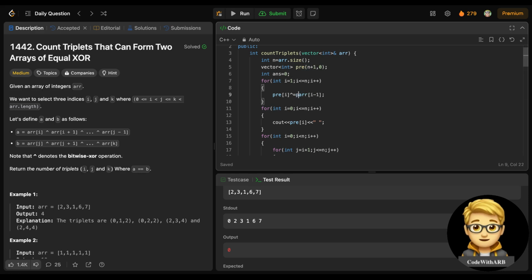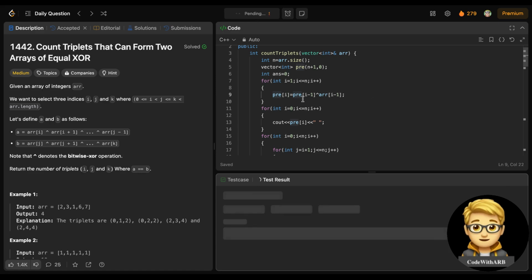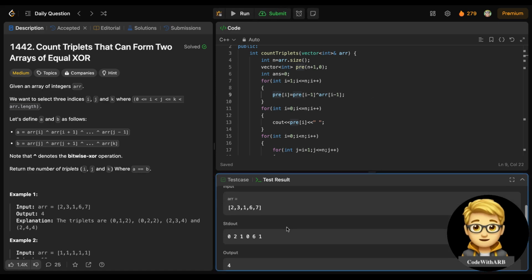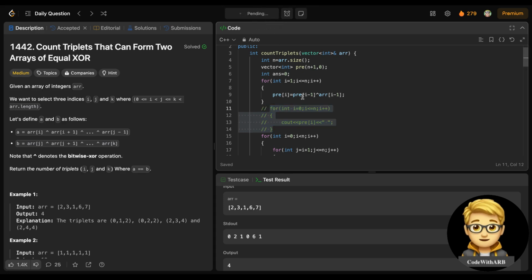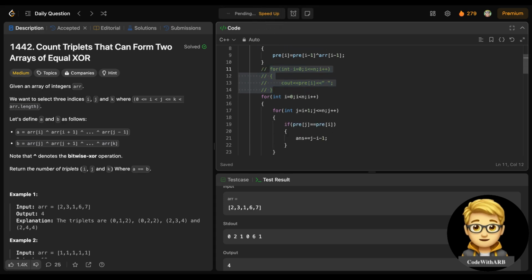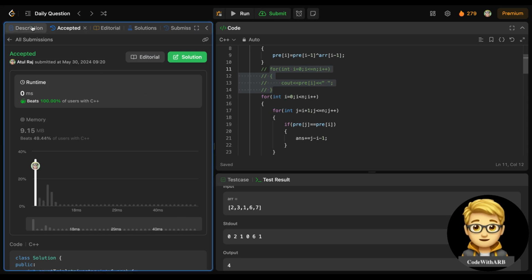So this should be pre i minus 1 also, to take XOR with this, and this should be equal like this, right? I think this should be correct. Let's try to run. Yeah, we are correct. Let's submit it. Yeah, we have passed it.